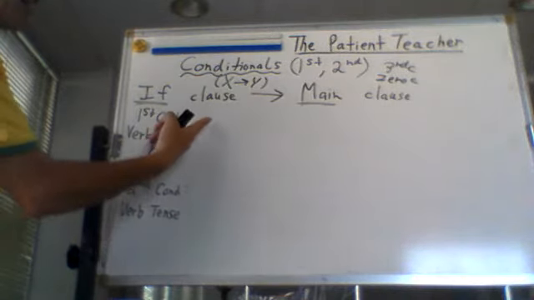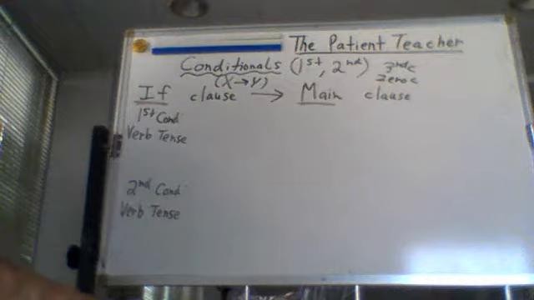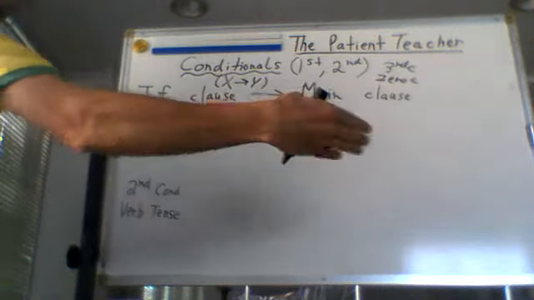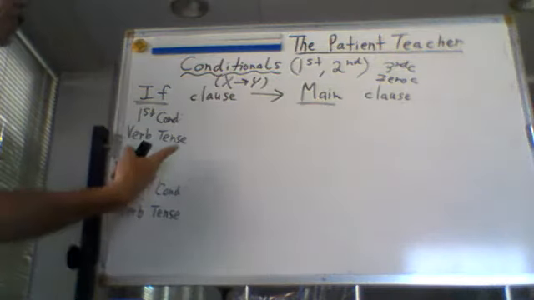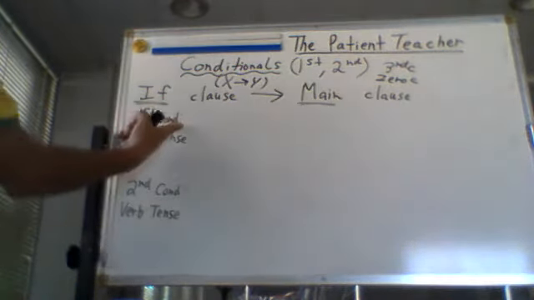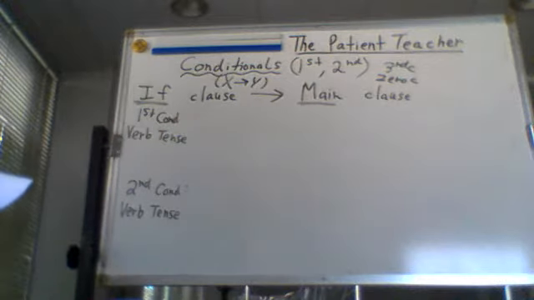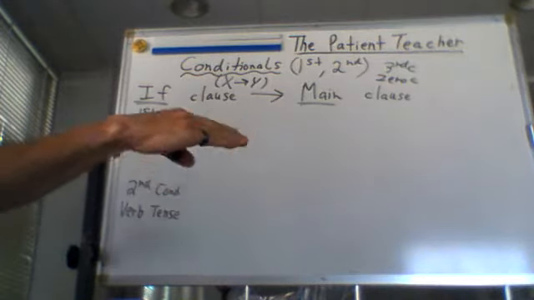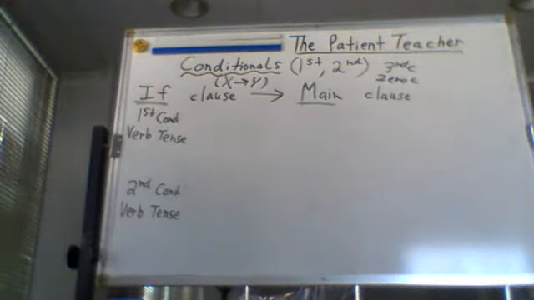So if you think of the three verb tenses we have, present, past, future, what verb tense do you think we'll use for the if clause in the first conditional, okay? Don't forget, we also have the two types, simple and continuous, right?